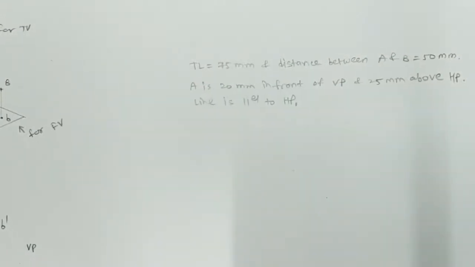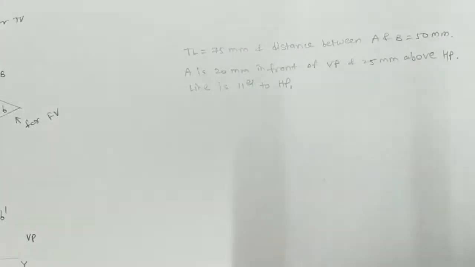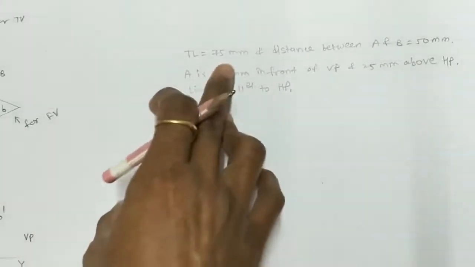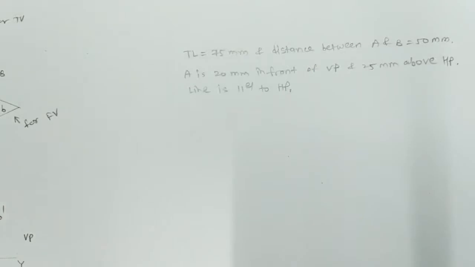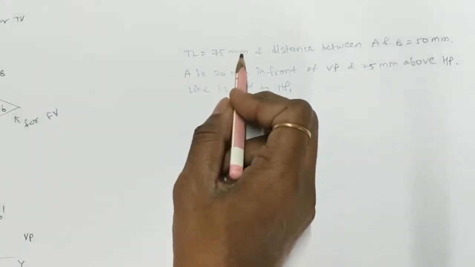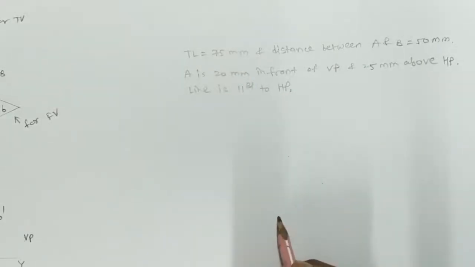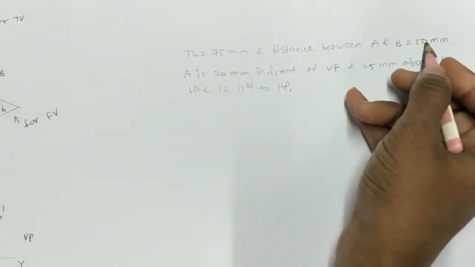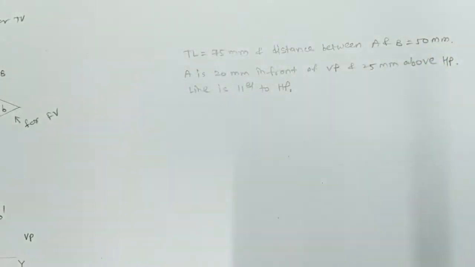Now we will draw. As it is given, the line is parallel to HP and the true length is given, and the distance between A and B is also given. So the true length is 75 mm which is in the top view where the inclination angle is also present, and the distance between A and B is 50 mm which is in the front view.